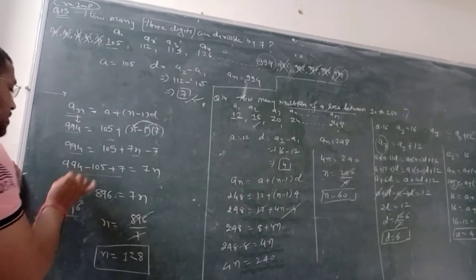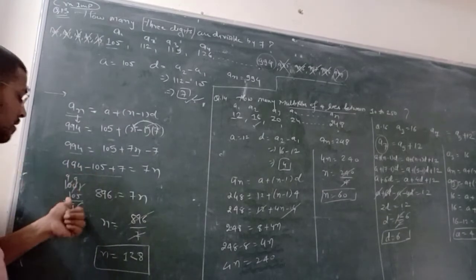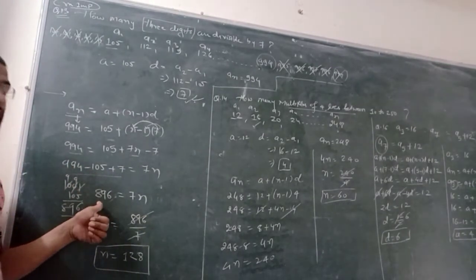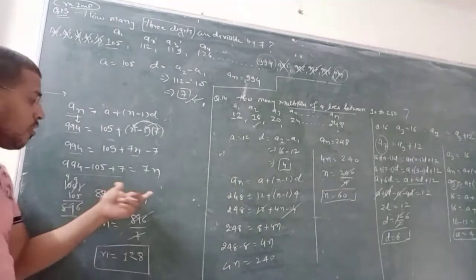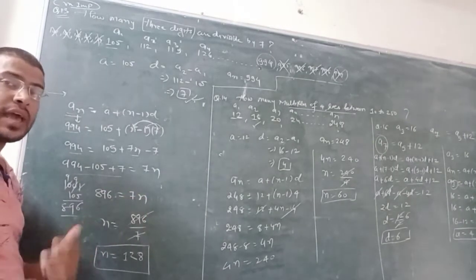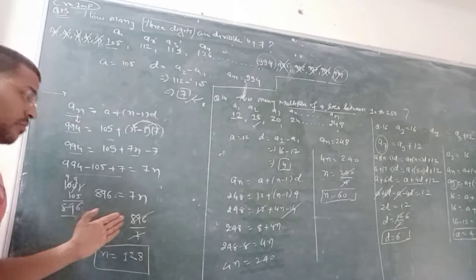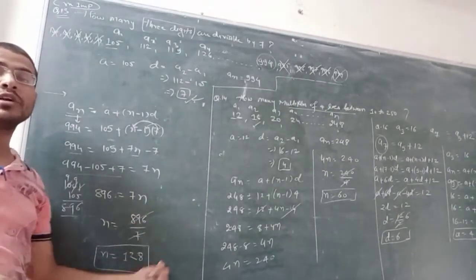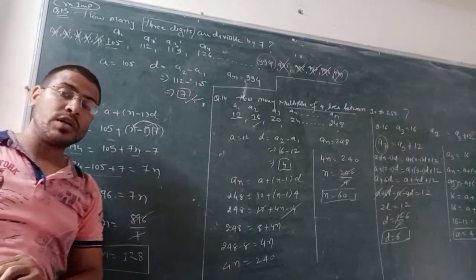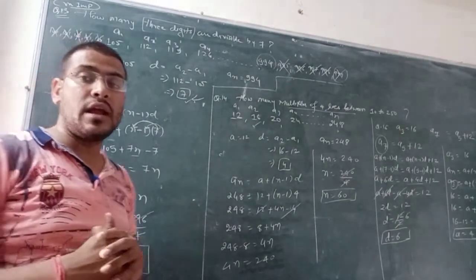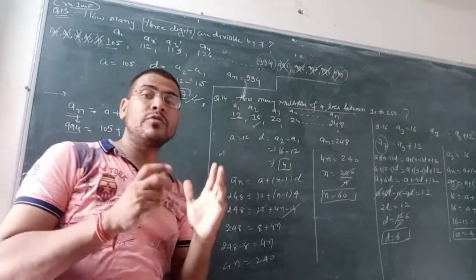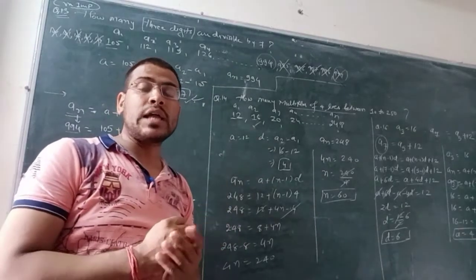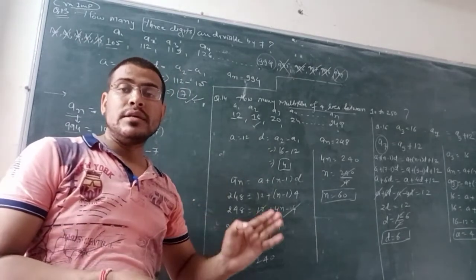After adding all these we get 896 on one side, and on the other side is 7N. To find N, 7 goes to the denominator of 896 and we get the value 128. It means that there are 128 numbers which are divisible by 7.